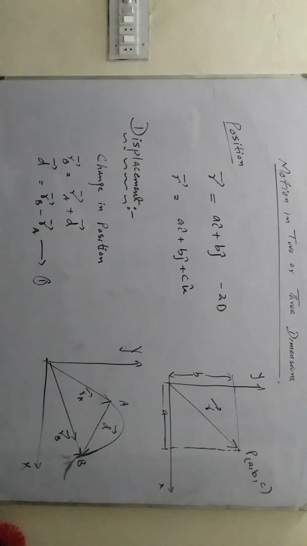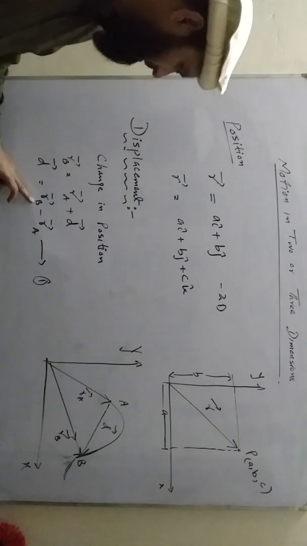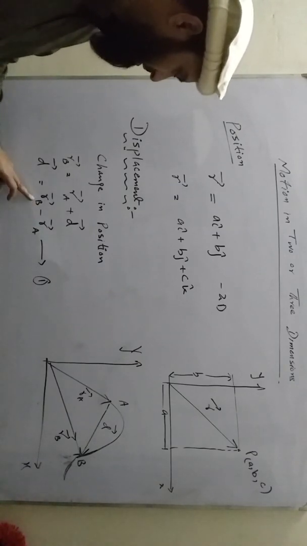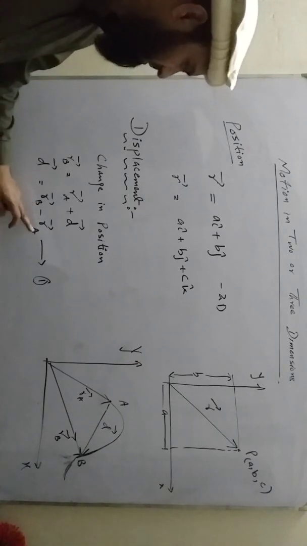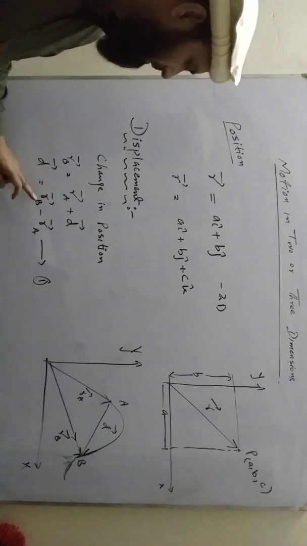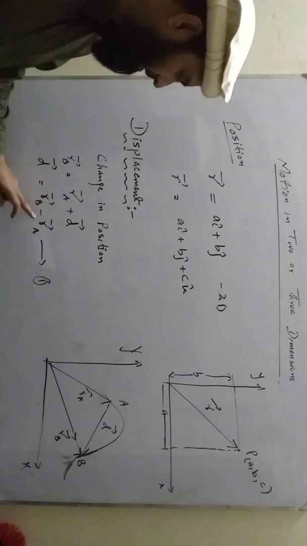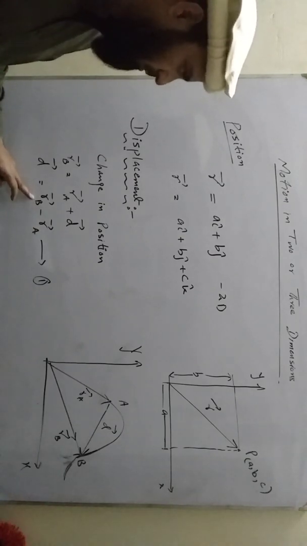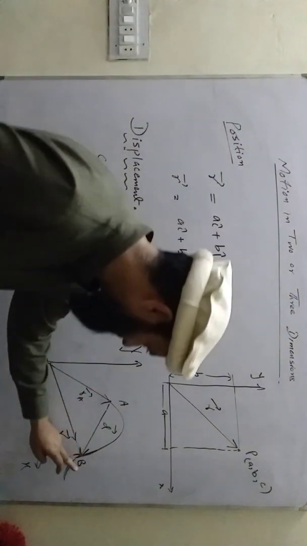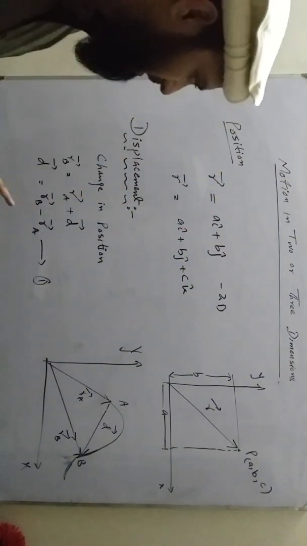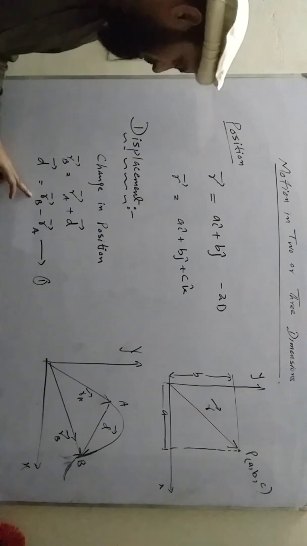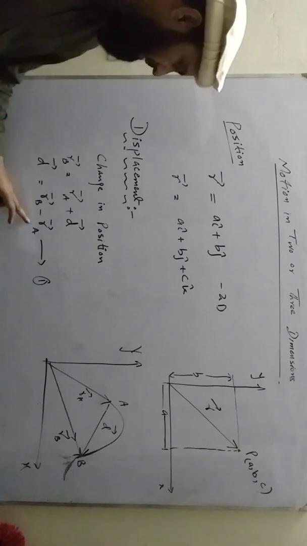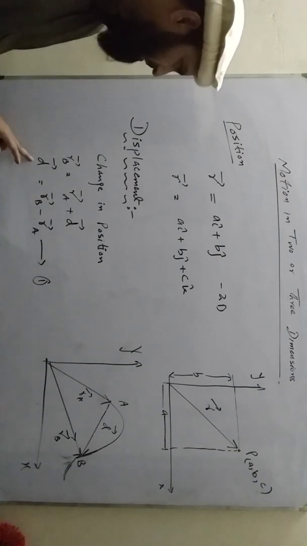Change always indicates the final term minus the initial term, where change in position means the final position vector minus the initial position vector. The object is moved from A to B, so the final position is the point B and the initial position is the point A. So change in position is RB minus RA, which is equal to D.